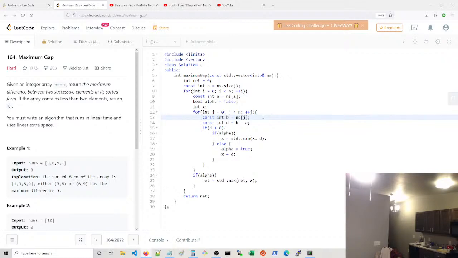Linear time and linear space. What would be the linear space? Some kind of a stack or a queue or something? I was thinking an unordered map. I mean, a hash, an associative array or an array seems like the most probable and useful thing here. It sort of gives us the most reach, the most information to work with.